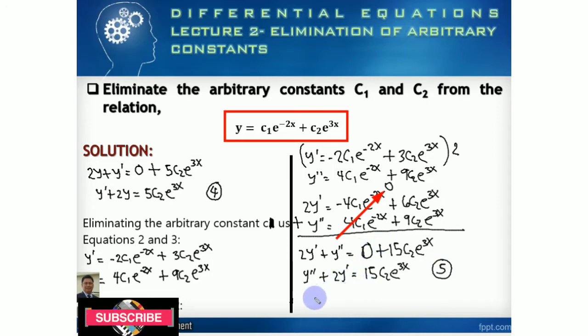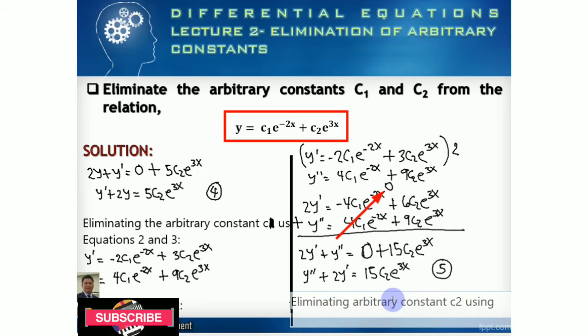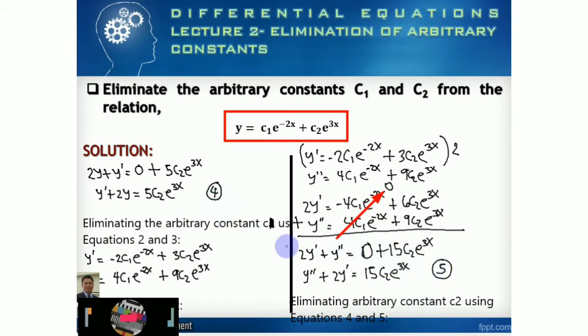Now we have equations 4 and 5, so we are going to use these two equations to eliminate the arbitrary constant C2. So we have this calculation: eliminating arbitrary constant C2 using equations 4 and 5.